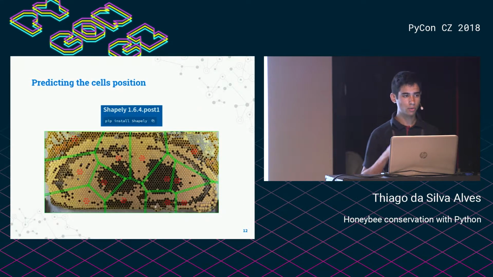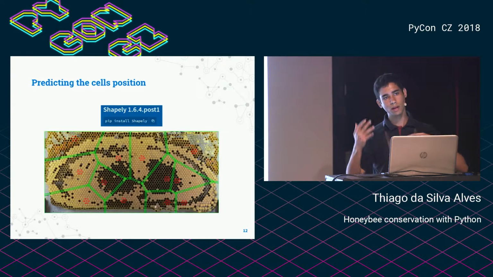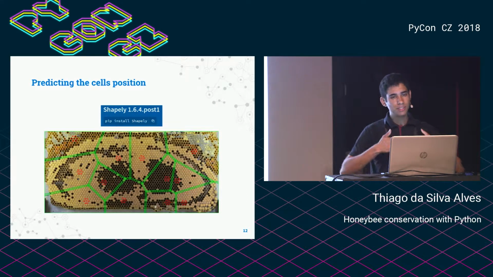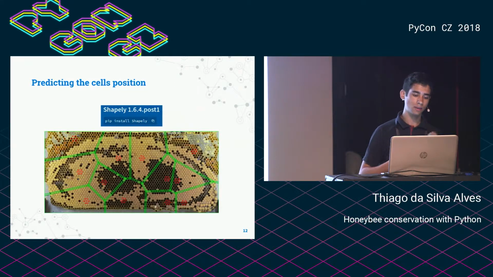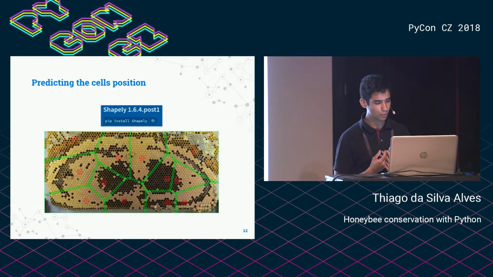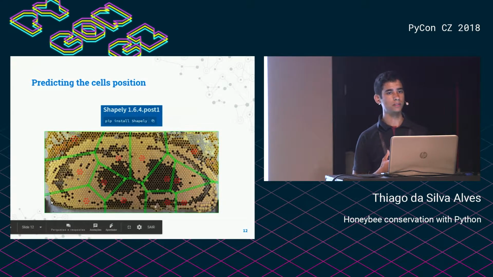And with it, we created some markers. We thought that with these markers we could, in some way, predict the cells on the side. But because of the distortion of the lens and the way that the bees create these frames, we couldn't do that prediction. So we needed another approach. This time we tried using a Voronoi diagram, which is implemented in Shapely.